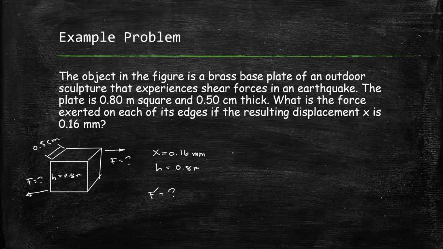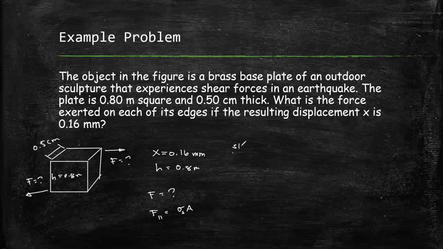Okay, to solve for force, we will use the formula shear stress is equal to force over area, which means force is shear stress times the area. But we have no value for the shear stress. So to solve for shear stress, we will first solve for the shear strain.